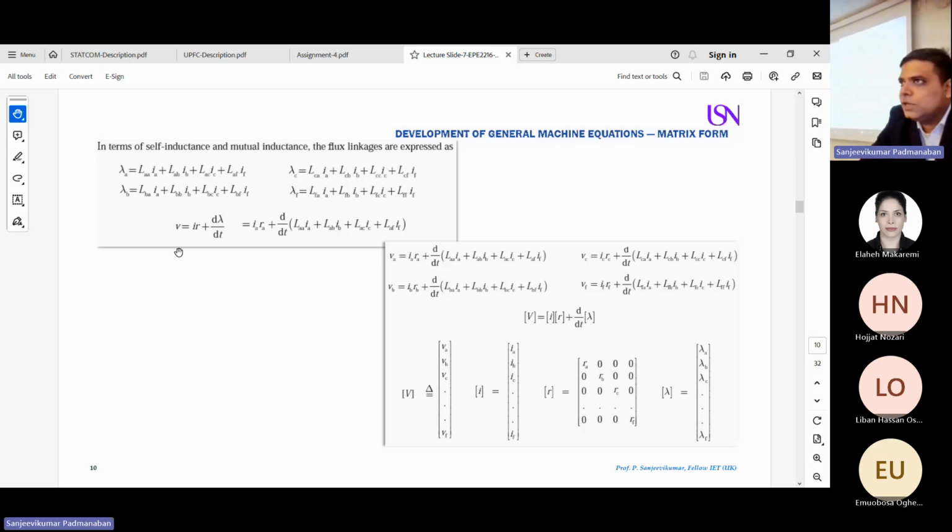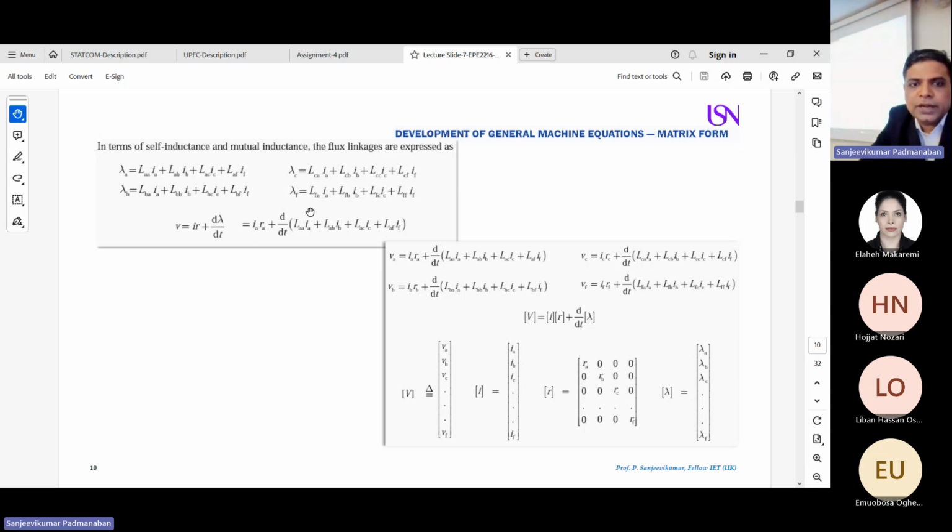Then how do we calculate the voltage? We already found the voltage, IR plus d lambda divided by dt. Now you substitute all these parameters. I didn't go for the derivation; you can see the textbook for how to derive it. If you substitute all these values, finally this is my equation. If you look at how the flux linkage is expressed, the voltage is directly proportional to your I into RA.